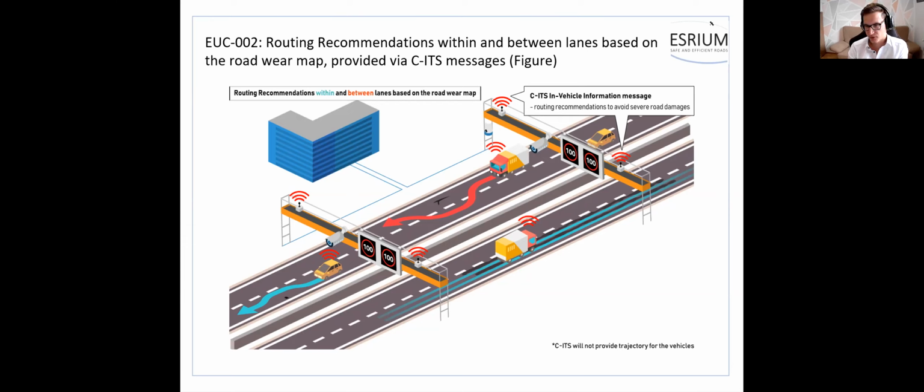One of the actions is, for example, to provide EGNSS-based lane change or in-lane offset recommendations for the drivers or end users in general, in order to avoid severe road damages and critically safety-related situations. In this scope, user compliance-based incentive concepts will also be investigated. For example, road users, especially in this case truck drivers, could receive a toll reduction for complying with the in-lane or the between-lane routing recommendation.